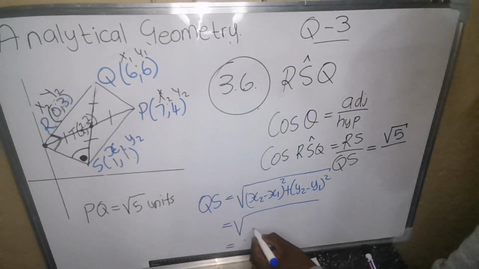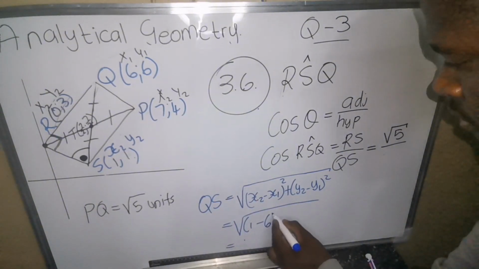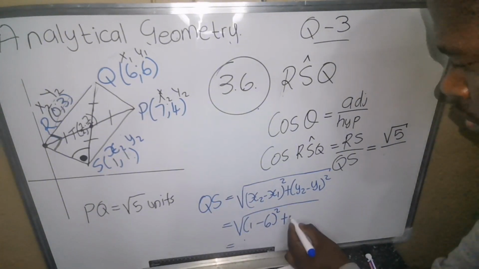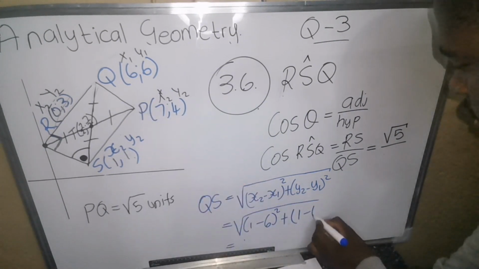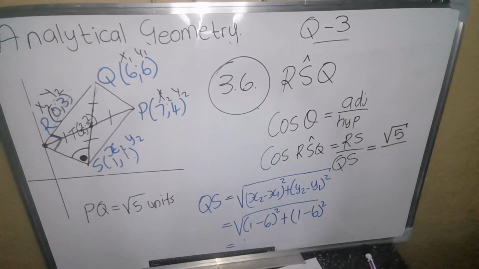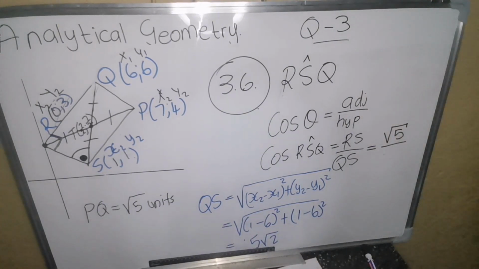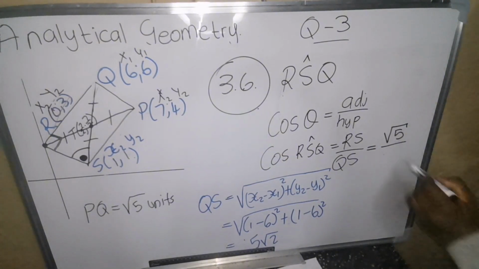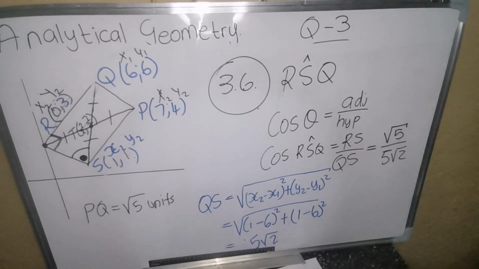Sorry, x2 is 1 minus x1 which is 6, squared, plus y2 is 1 minus y1 which is 6, squared, and the square root. This is the length for QS, the square root of 2 times 5. So I'm going to substitute here 5 and the square root of 2.